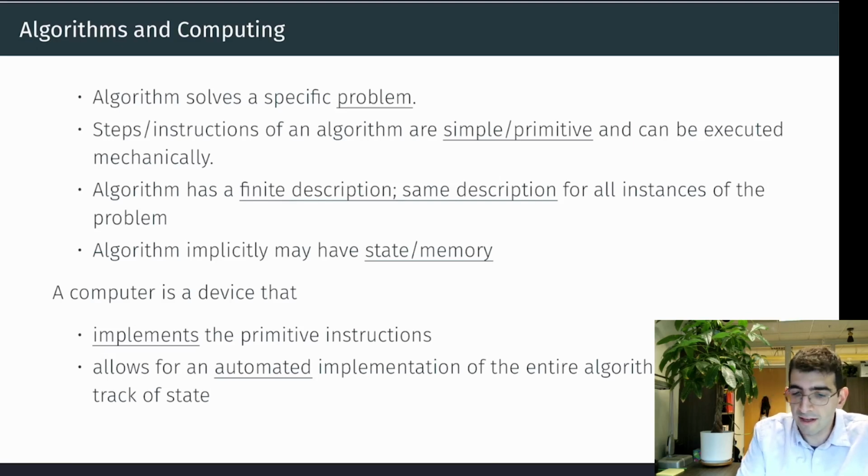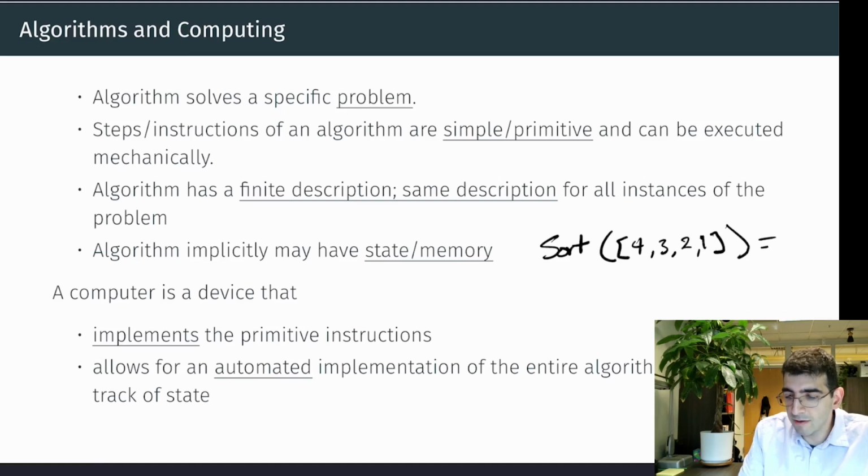For instance, for the problem sort, there is one instance that has the input 4, 3, 2, 1, and we know this has the output of 1, 2, 3, 4. This is one instance. Let's call this instance x.